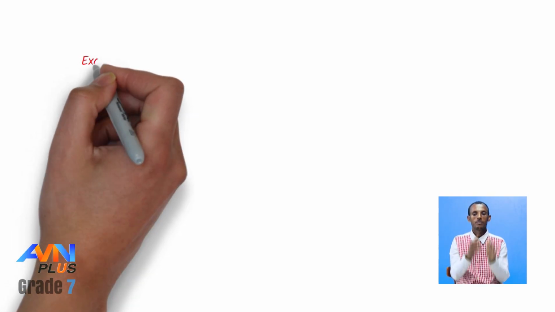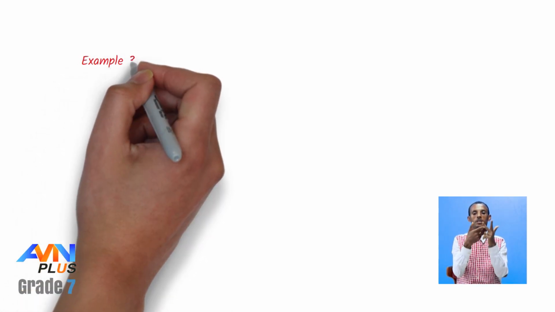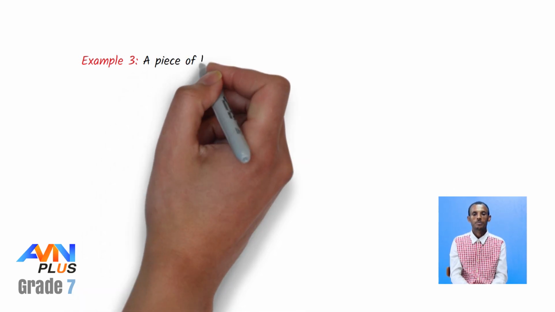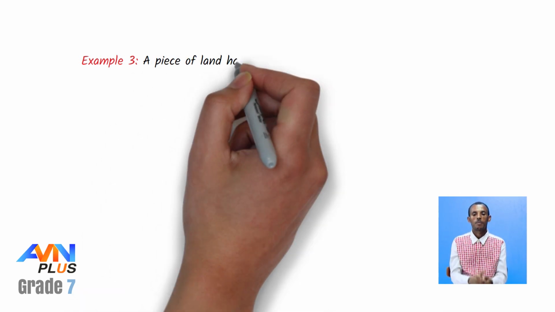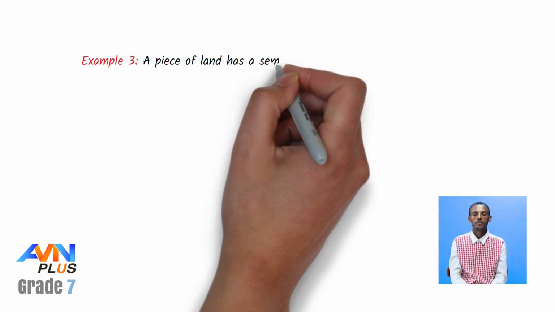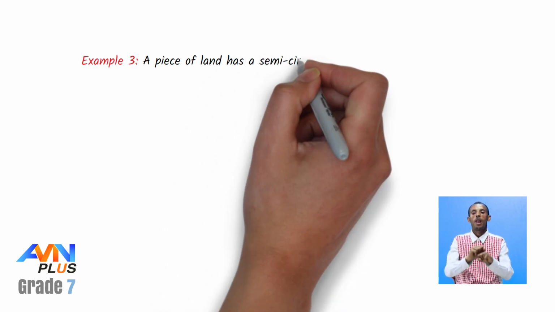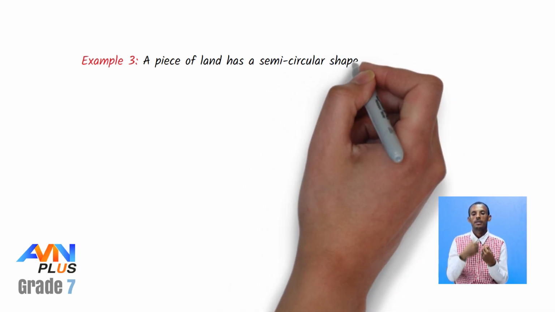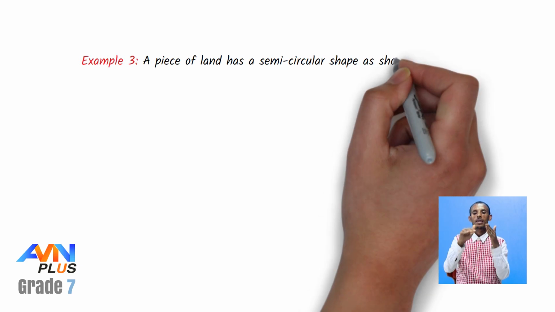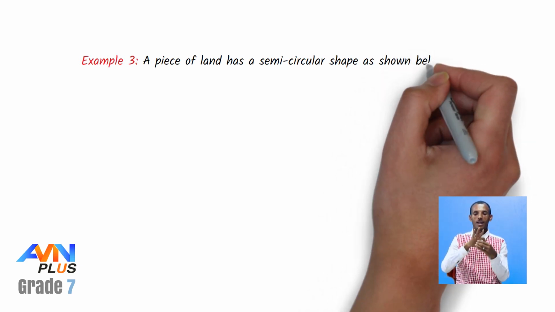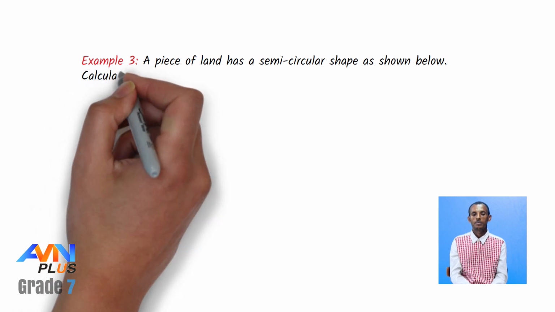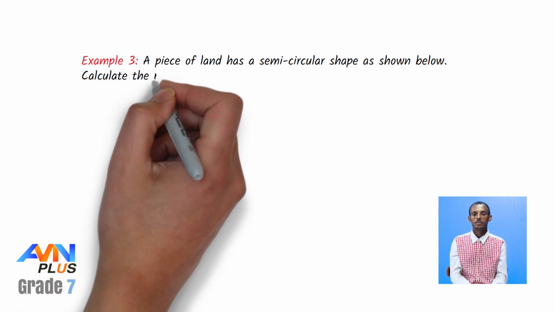Example 3. A piece of land has a semicircular shape as shown below.